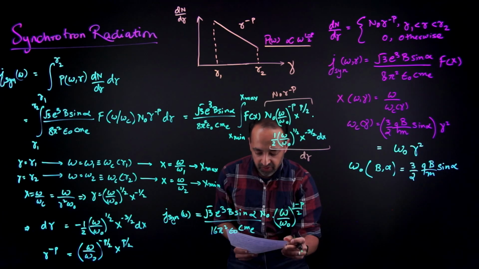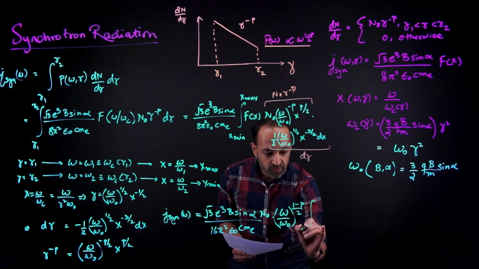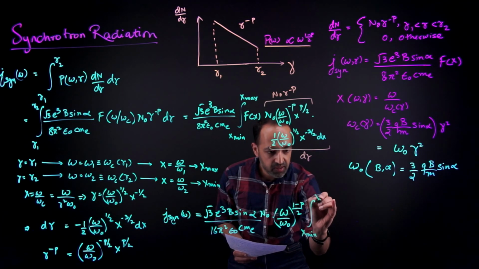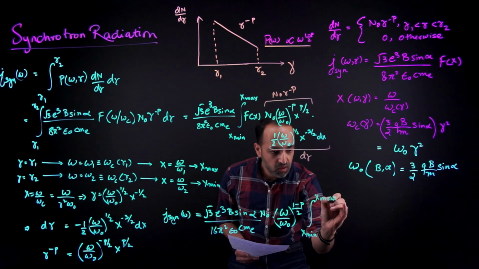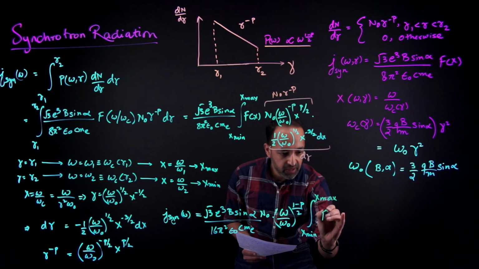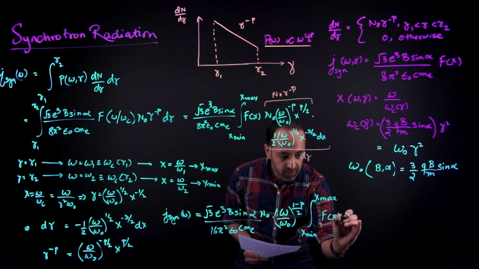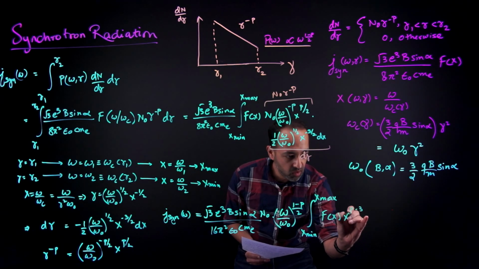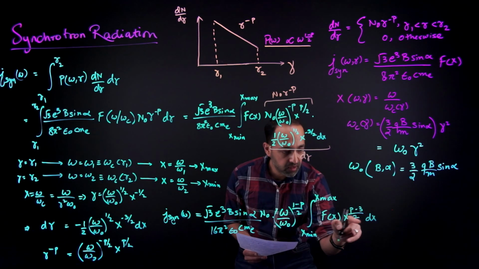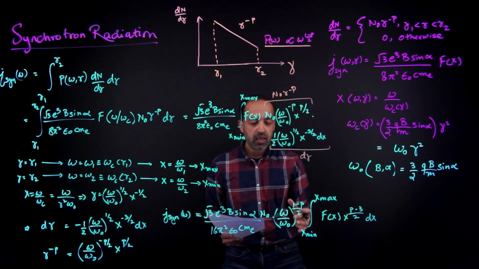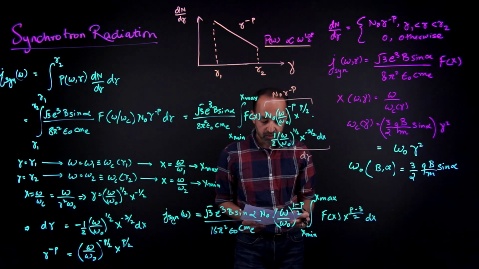And then we have this integral from x min to x max of f of x, x to the power of (p minus 3) over 2 dx, where I've just collected all the powers of x in the integral.